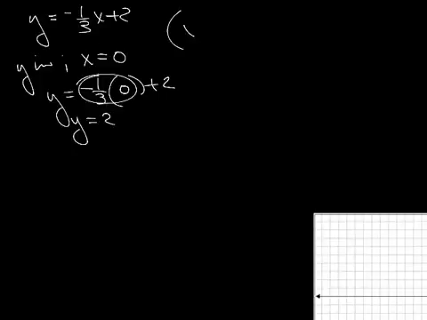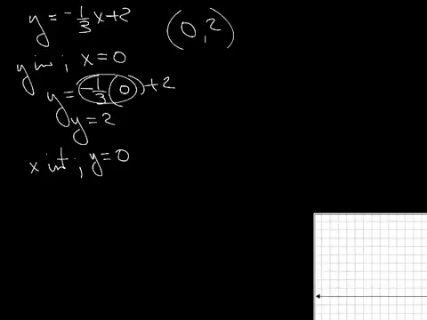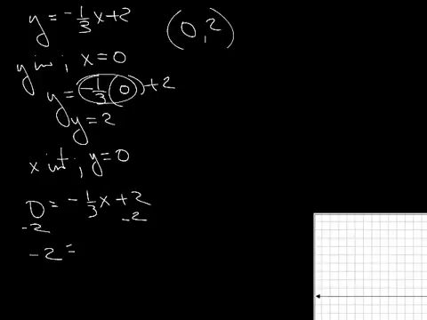So when x is 0, y is 2. Alright, let's do the x-intercept, and that is when y is equal to 0. So 0 equals negative 1/3 x plus 2. Subtract 2, and I get negative 2 equals negative 1/3 x.